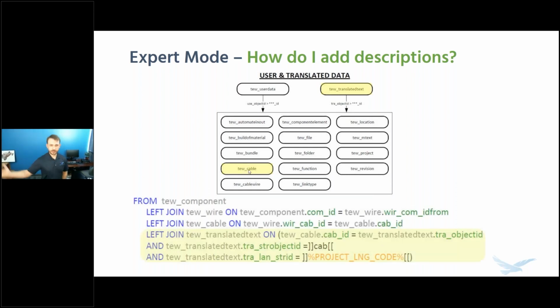If we want to join in the description of the cable to what we had before, we're going to do another left join on the translatable text table, joining on the cable ID. The cable ID right here equals the translatable text TRA object ID.